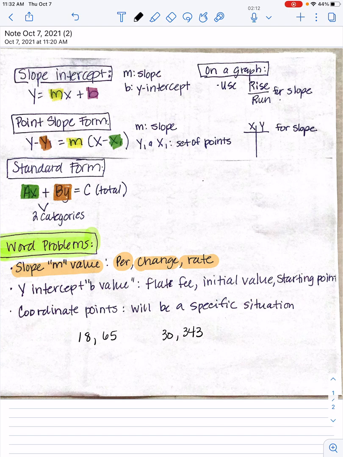So you could see something like per person, or it could be per meal. For each person would also represent the word per. So just be aware that anytime you see a change in something or a cost per person of something, that represents slope.